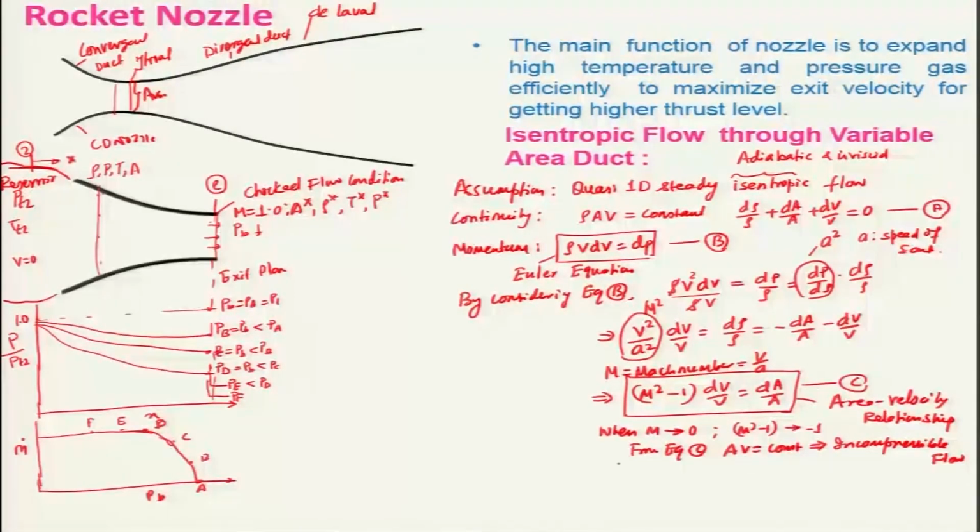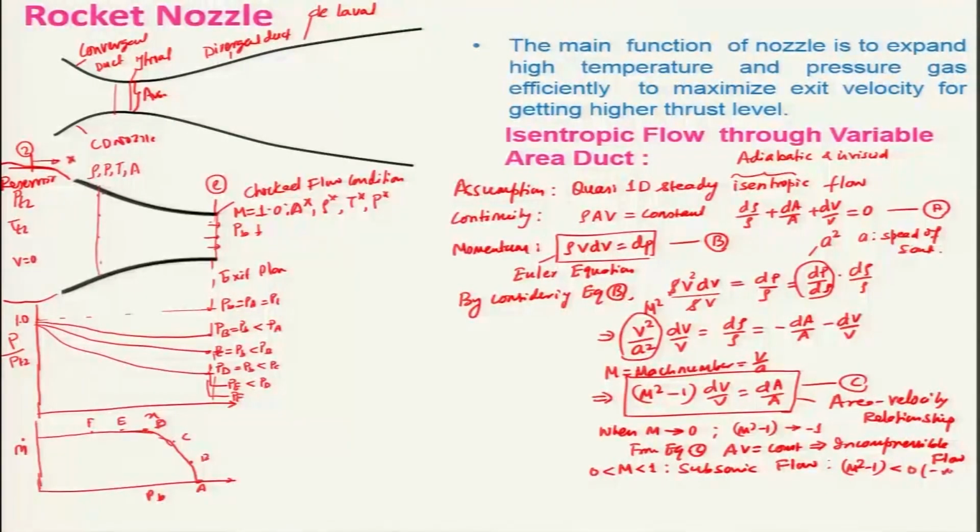Let us consider a subsonic flow, that is M is less than 1. That means M squared minus 1 will be less than 0, that is negative, because M is lower.